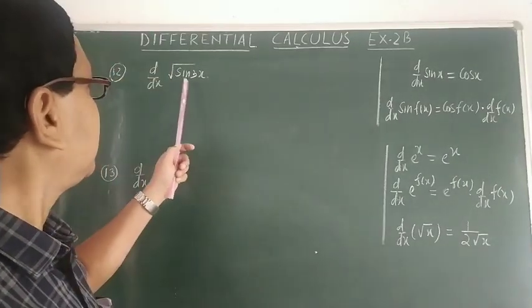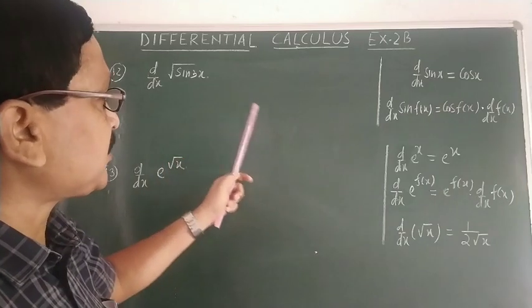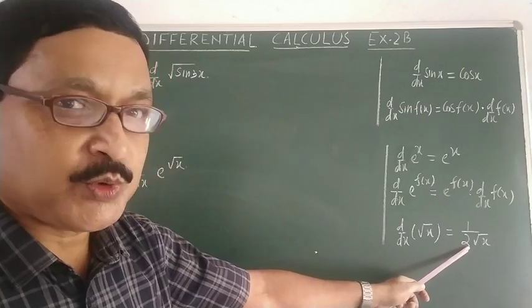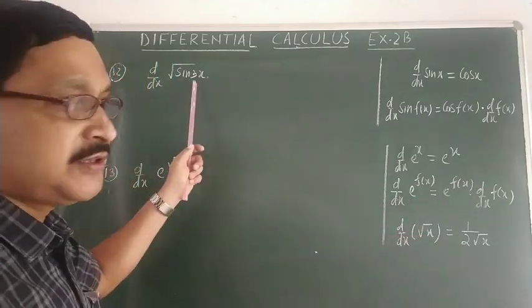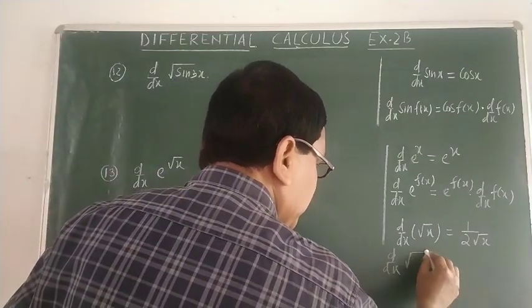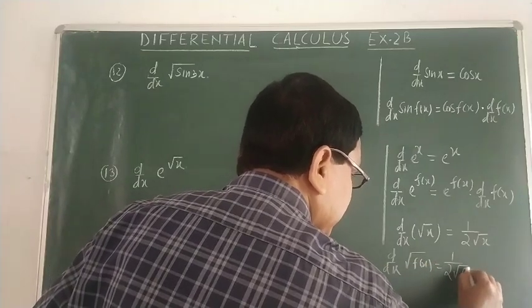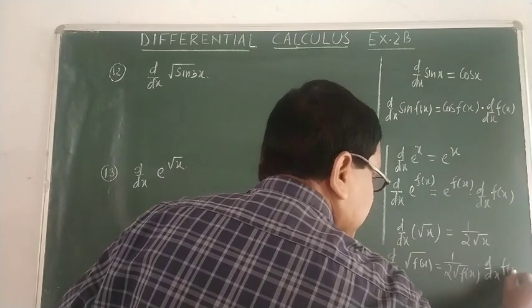So just see d by dx of root sin 3x. Now students just know d by dx of root x is 1 by 2 root x. But in place of x, sin 3x has been written. So d by dx of root f(x) is 1 by 2 root f(x) into d by dx of f(x).